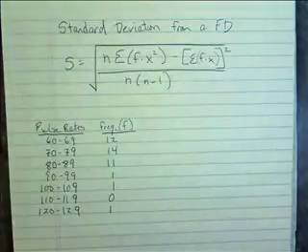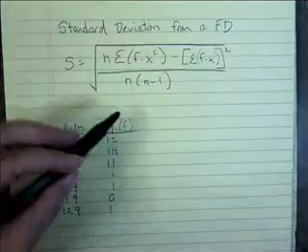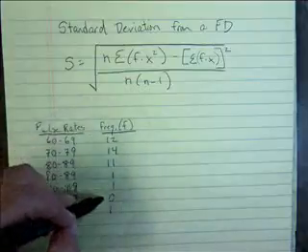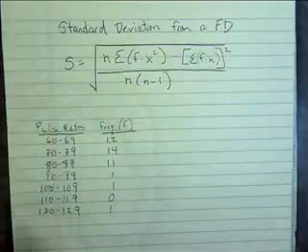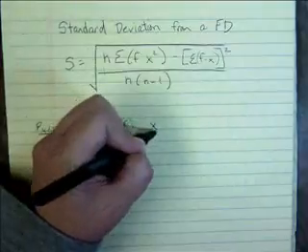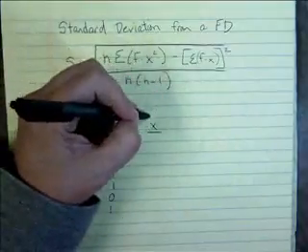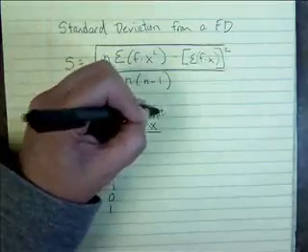So this can look a little bit intimidating, but let's really think about what it is that we're doing. First of all, each of these values are frequencies, and so the appropriate variable for that is f.